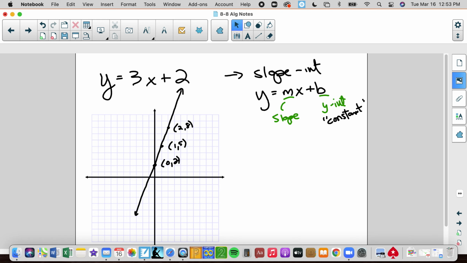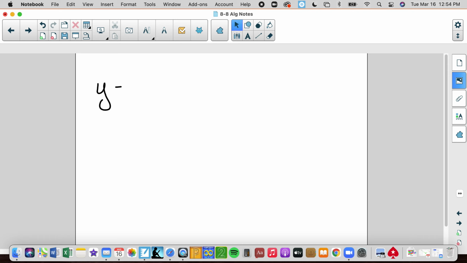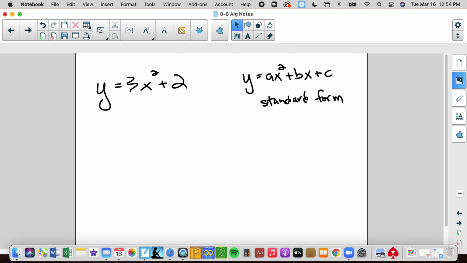If I had this equation, y equals 3x squared plus 2, that now is in a different form. This is in y equals ax squared plus bx plus c. So this is considered standard form for quadratic equations, when our variables are being squared.